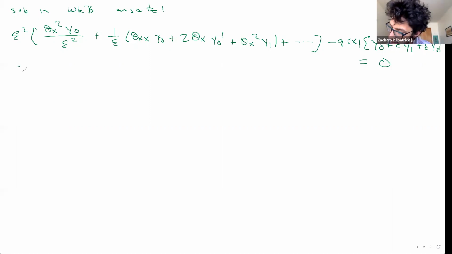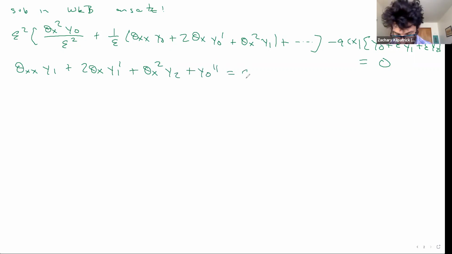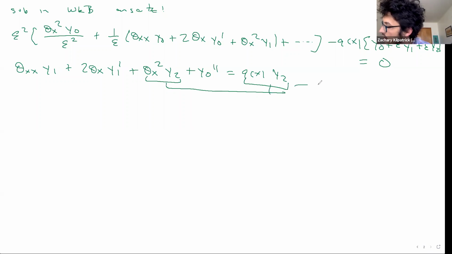So in particular, it's going to have a similar form to our order epsilon problem, and we're going to be able to use the eikonal equation in order to cancel out these terms here, right? So these cancel by the eikonal equation.